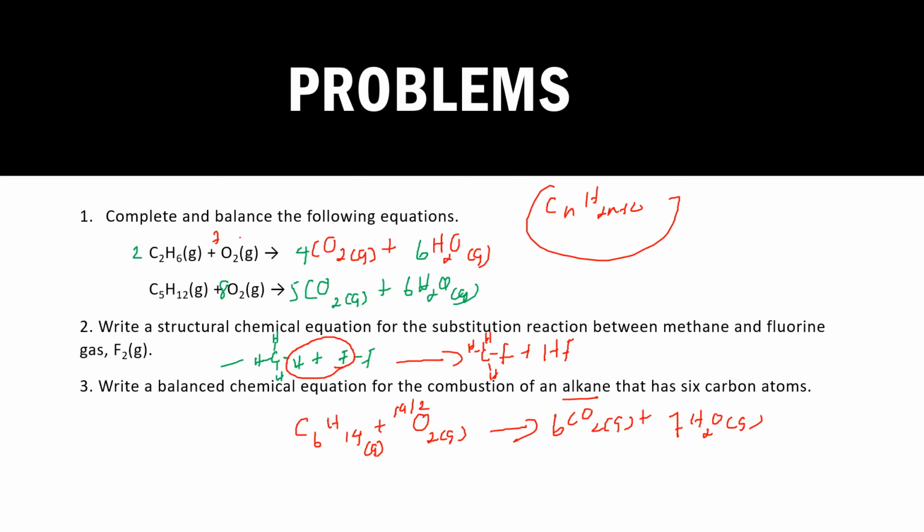So now we need to get rid of this 2, therefore we multiply by 2. 2 here, therefore 19 here. Therefore here 12, and instead of 7 we put 14. So now it's ready.